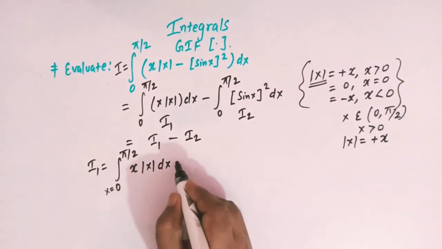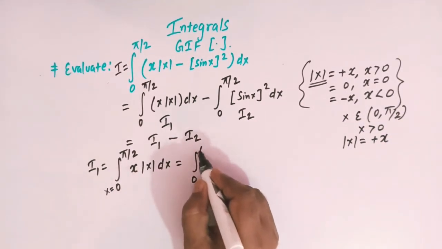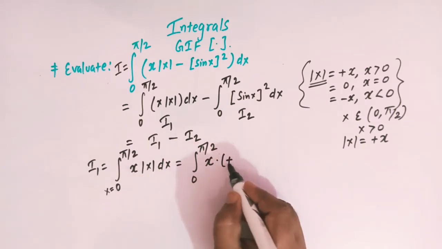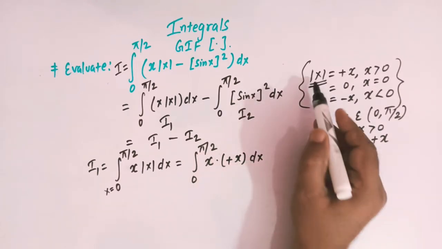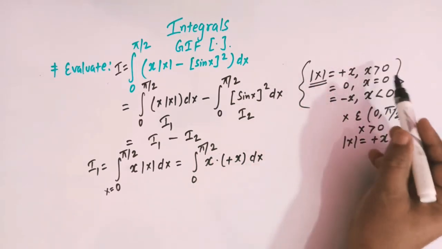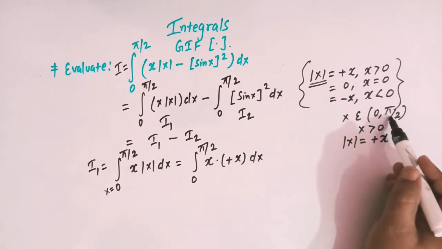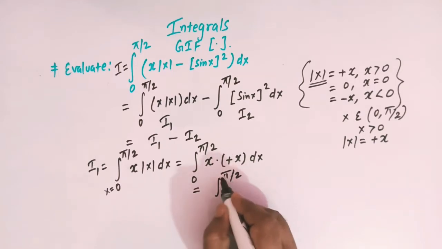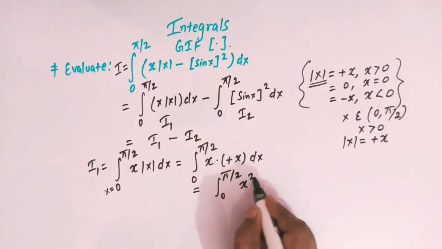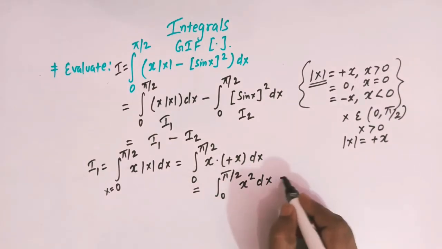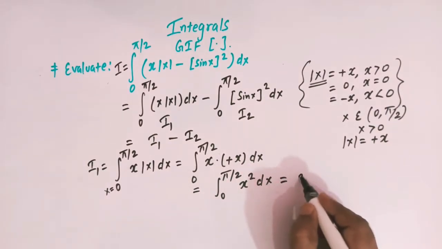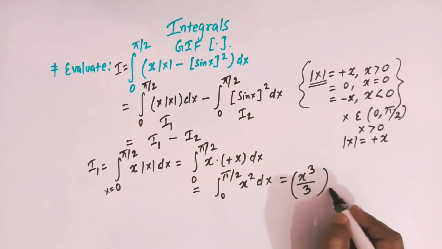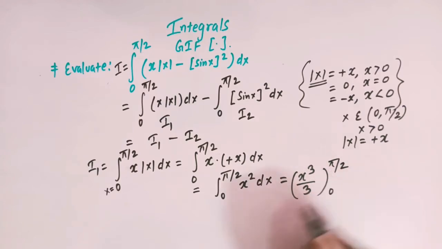So now here what we will do, we'll take 0 to pi by 2, and here we'll have x times plus x, right? Because mod of x is equal to positive x, because x is greater than 0 in this interval. So now we have a very simple integral. So we have 0 to pi by 2, and here we have simply x square dx, and the integral of x square is x cube over 3, and the limits of integration are from 0 to pi by 2, right?